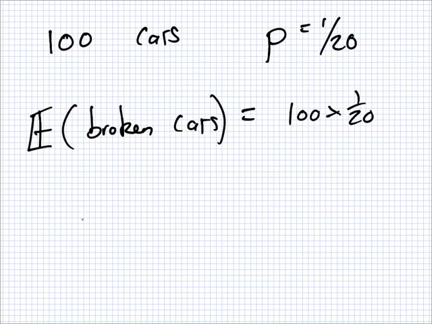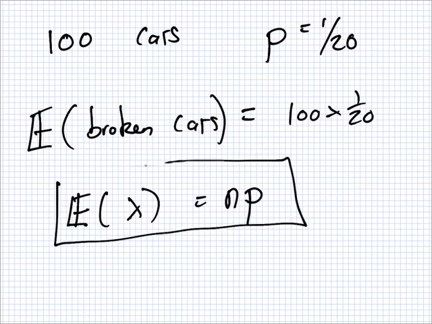So my formula here is the expected value of yeses, successes, whatever. The formula is a very simple n multiply p. But you could have guessed this formula. It makes sense, you know.